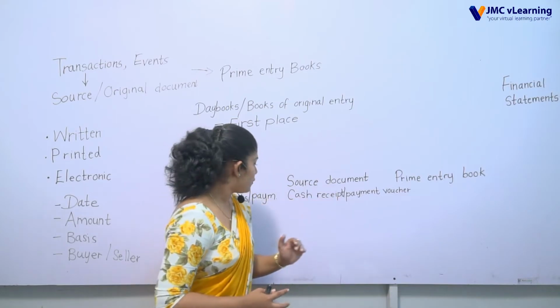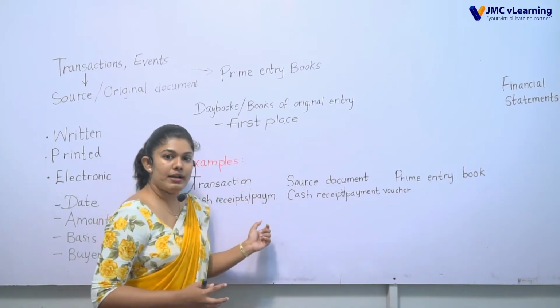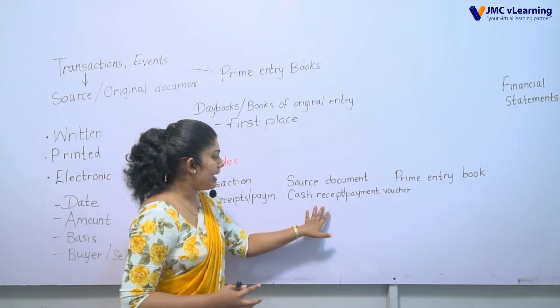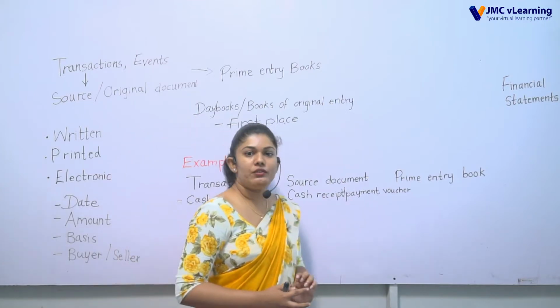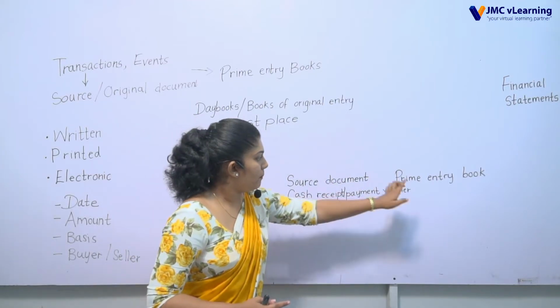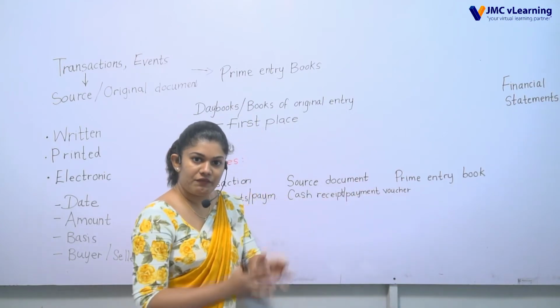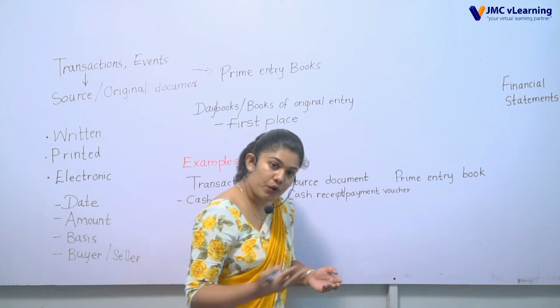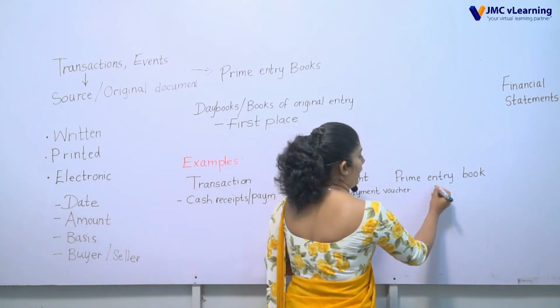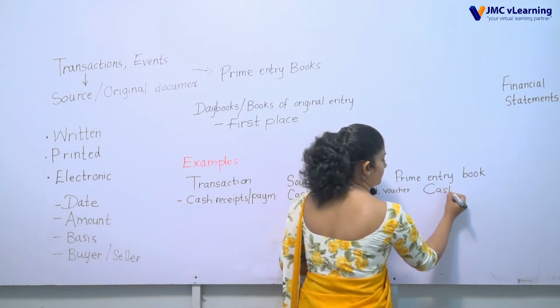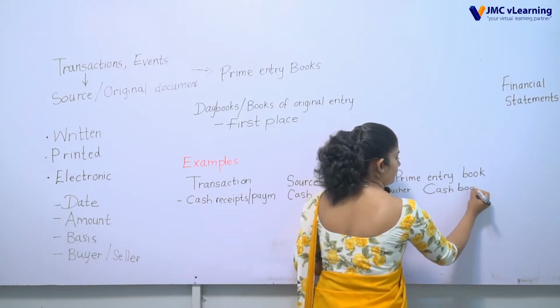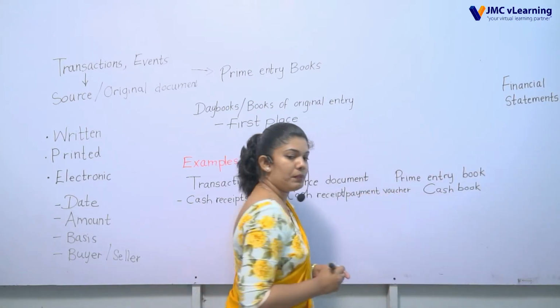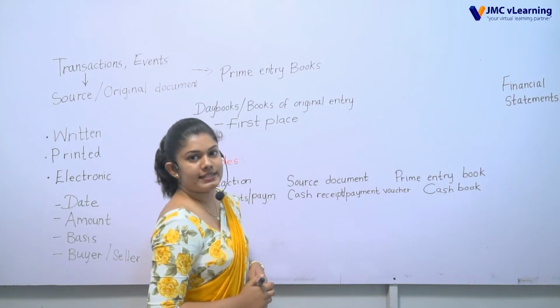So, for cash transactions, cash receipts and payments, the source documents are cash receipt and payment voucher. The prime entry book, the first place to record cash transactions, you already know that, is the cash book.